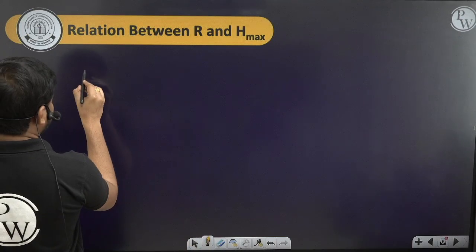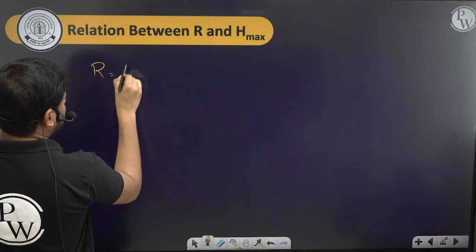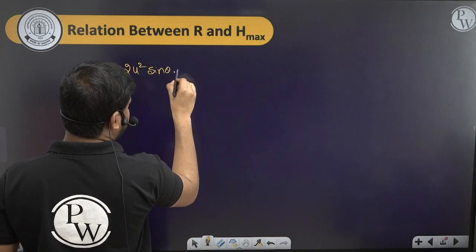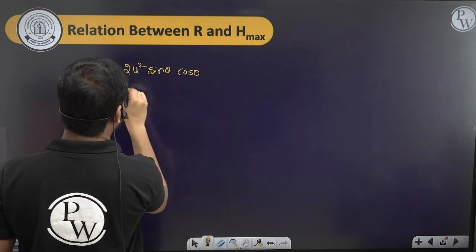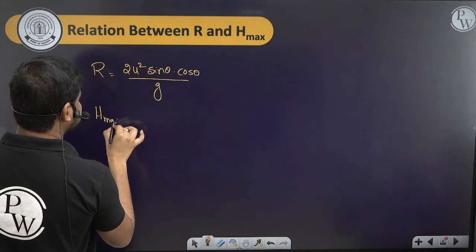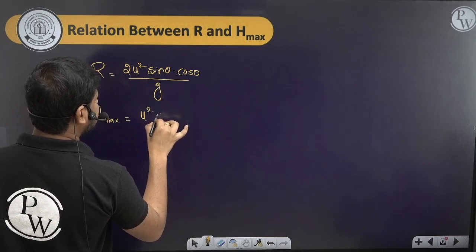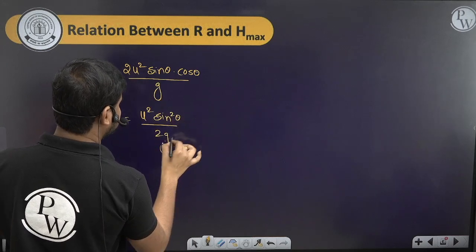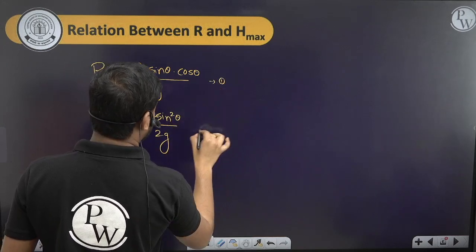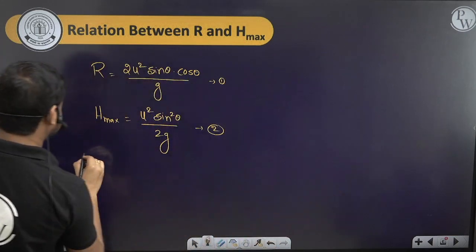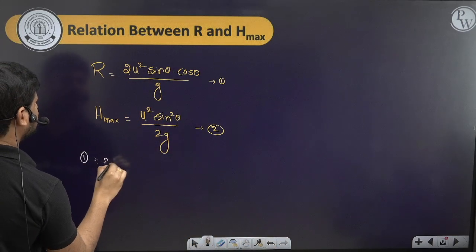So see here, we have got the range formula, 2u square sin theta cos theta by g, and we have got the H max is equal to u square sin square theta by 2g, right? So let it be equation number 1, let it be equation number 2. So now what I am doing is, let's divide, so 1 by 2, okay?